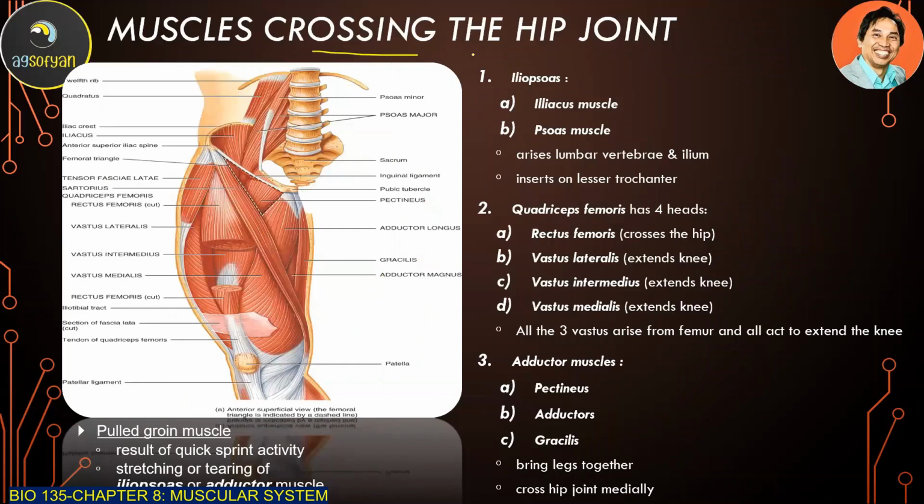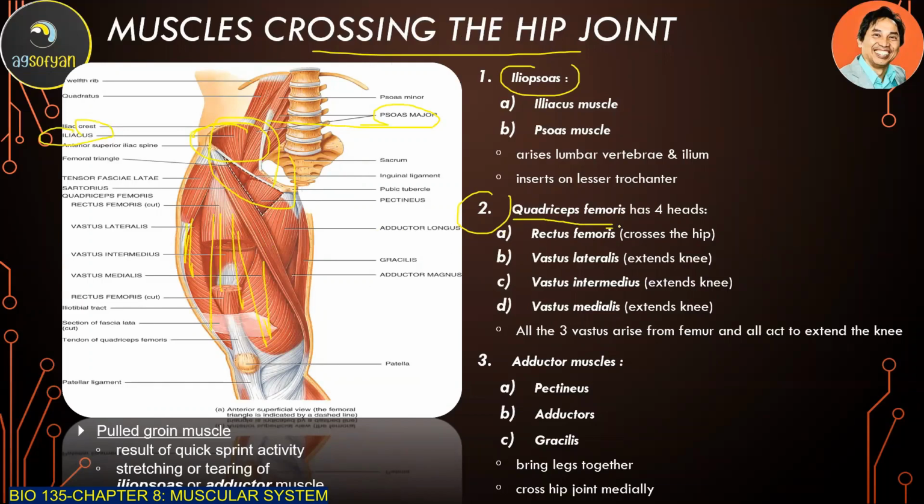Muscles crossing the hip joint. There are several groups. Iliopsoas, in this area over here, consists of the psoas muscles and the iliacus muscle. The second group is, of course, the quadriceps femoris, the muscles in the front and lateral side of our thigh.